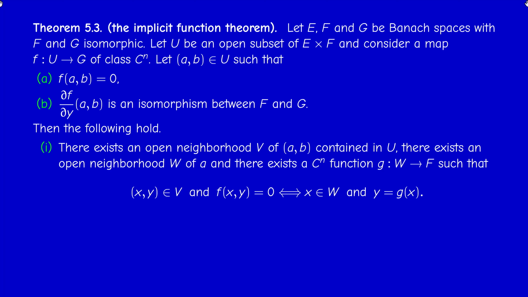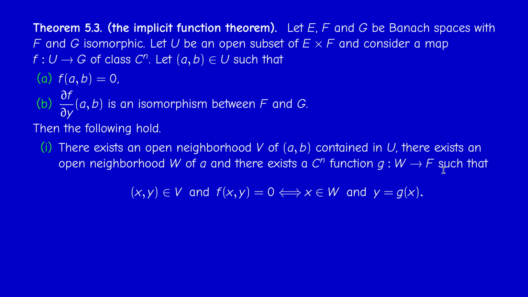So what we can first say is that if x is close enough to a, then f of (x, g of x) is 0. So we have a solution. But conversely, if I know that x and y are sufficiently close to (a, b), and f vanishes at (x, y), then necessarily x is in W and y is this function of x.